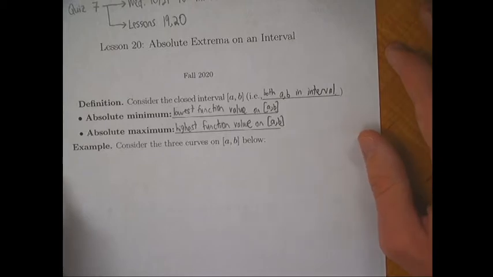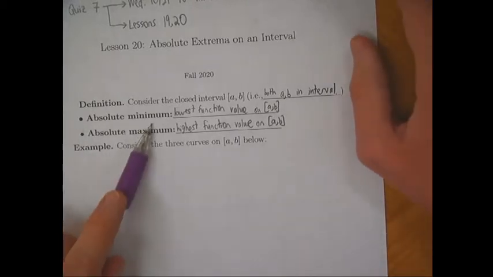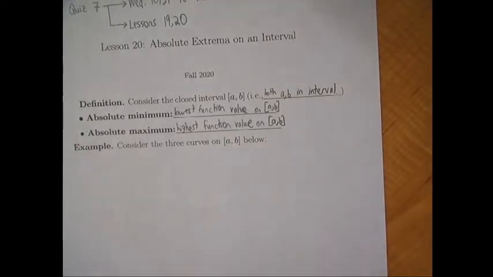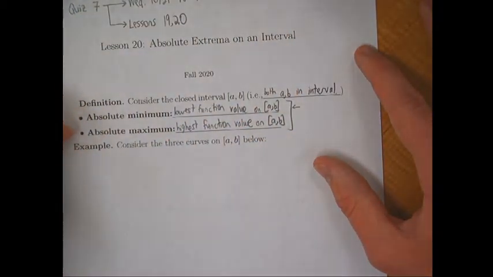As we had a couple lessons ago, we had this idea of a relative extrema, which corresponded to a relative min or relative max. In a similar fashion, these two concepts are what are known as absolute extrema.